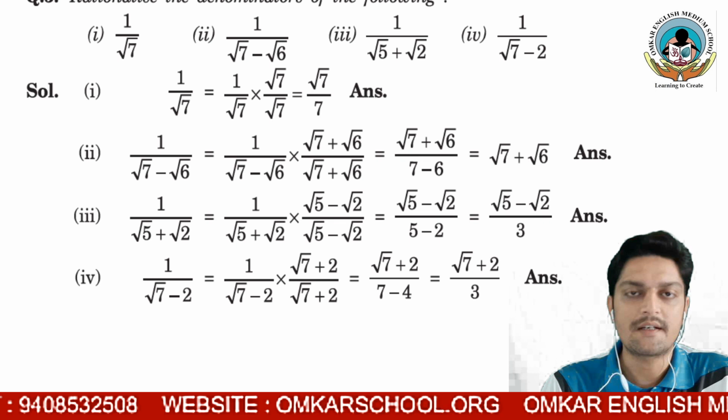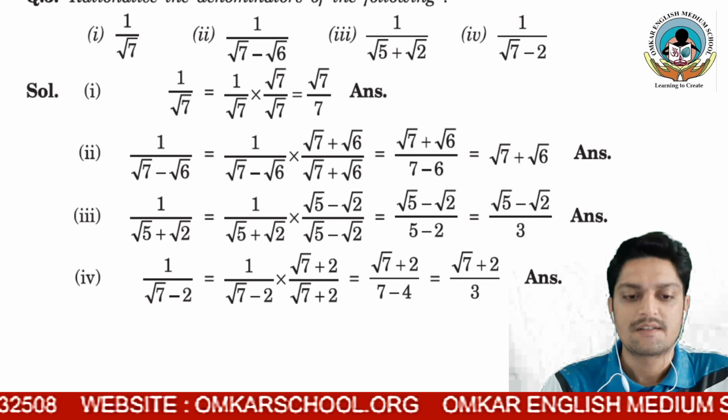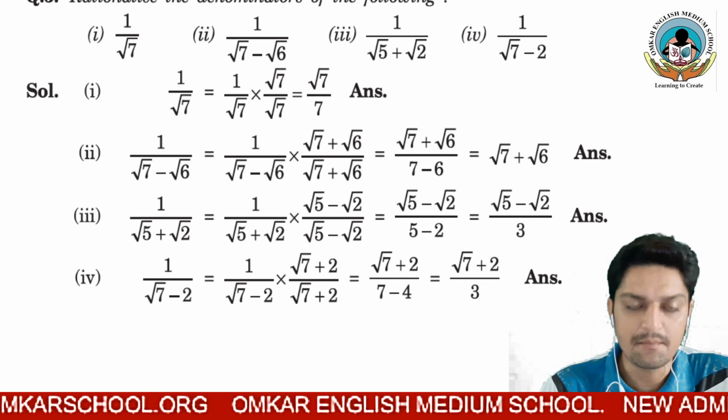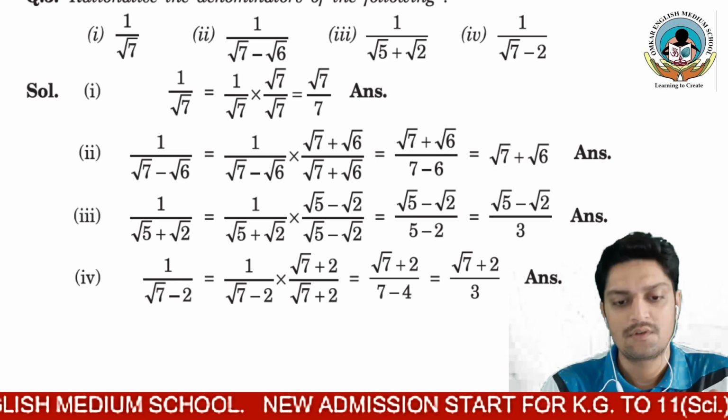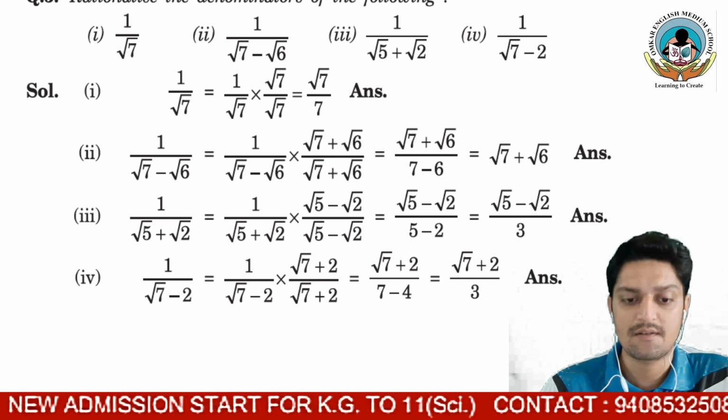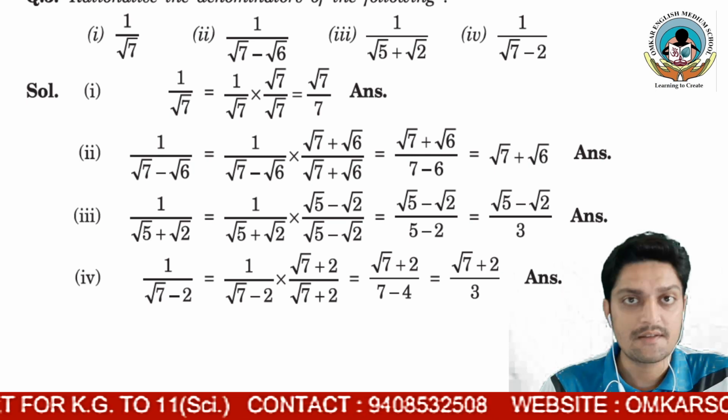So if you want to remove this root in the denominator, you have to multiply with the same number. But as per the rule of mathematics, you have to multiply not only the denominator, and not only the numerator. With numerator and denominator, at both places, you have to multiply.